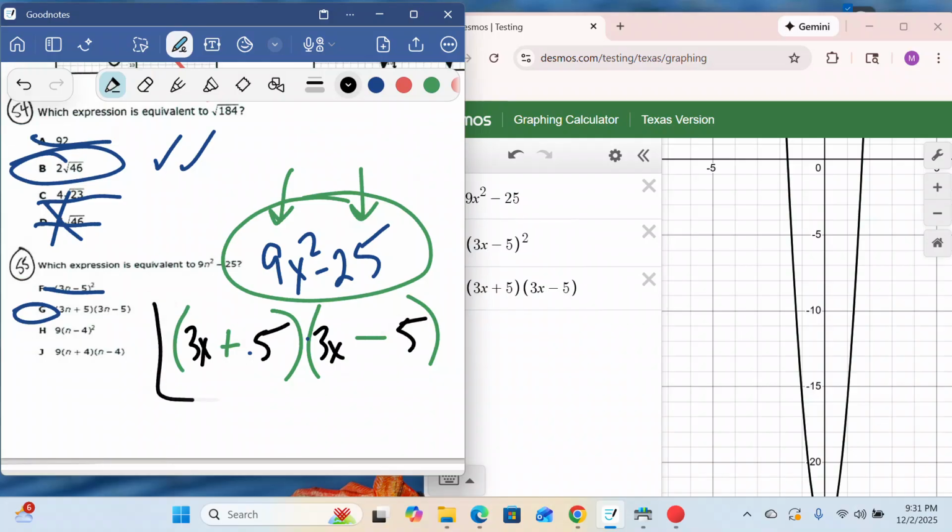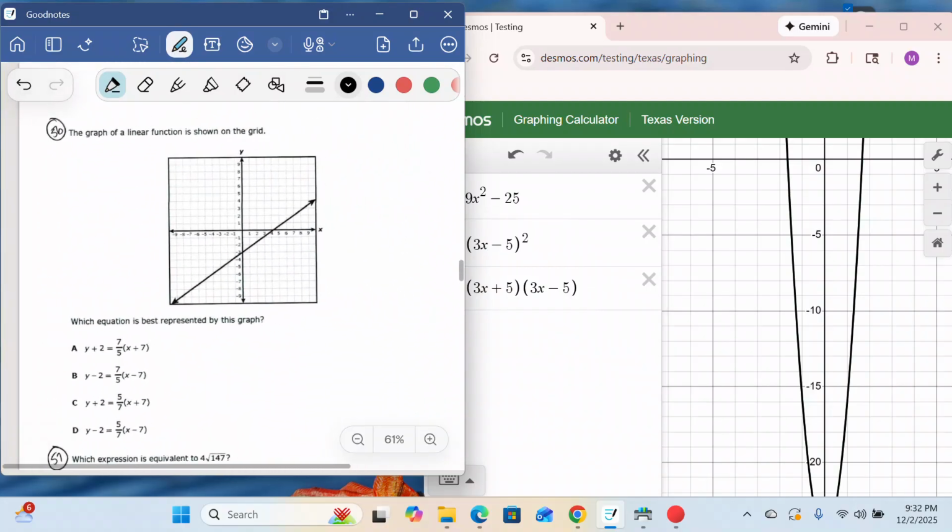So my difference of squares factoring would be 3x plus 5 and 3x minus 5, which is also the answer choice to that. But that is the factoring method. We have never done that in class. But again, if you know how to factor, that is an easy way also to check our work. And then you do the FOIL method or the box method, and it should give you this. So the answer choice is letter G.